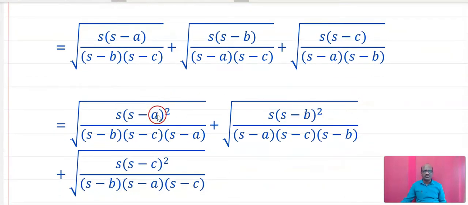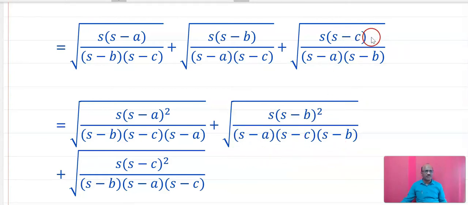After simplification, multiply numerator and denominator for the first root by s minus a. Then you will get the root of s(s minus a) bracket square, with the denominator (s minus a)(s minus b)(s minus c). For the second, multiply numerator and denominator by s minus b. Then you will get s(s minus b) bracket square upon (s minus a)(s minus c)(s minus b).